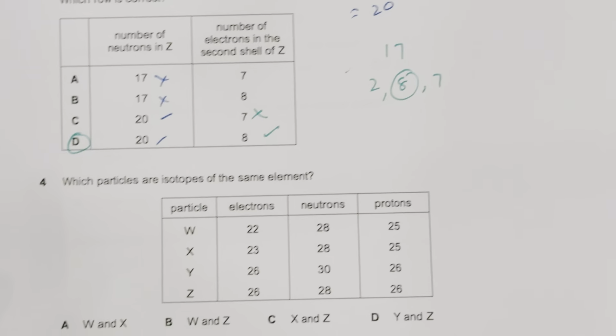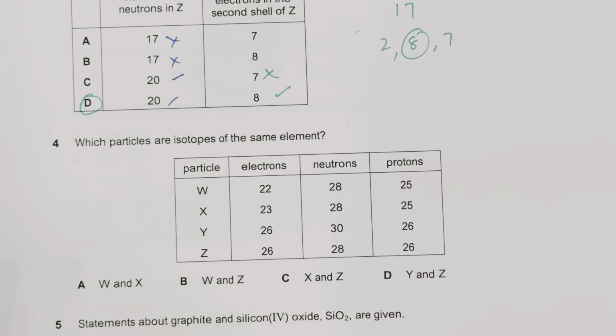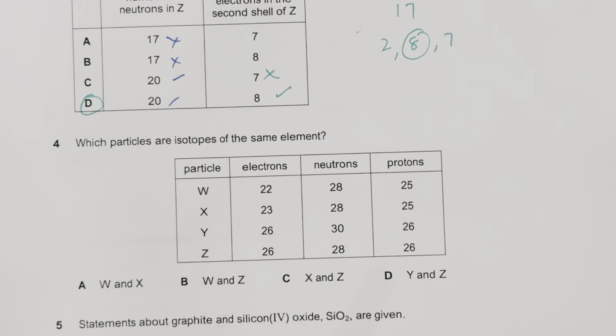Okay, moving to question number 4. Which particles are isotopes of the same element? Isotopes are the elements that have the same atomic number but different mass number. It means they have the same number of electrons and protons, but different numbers of neutrons.